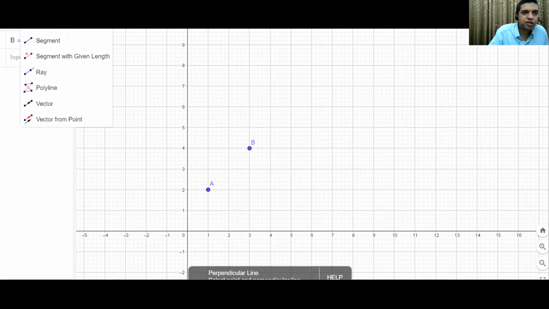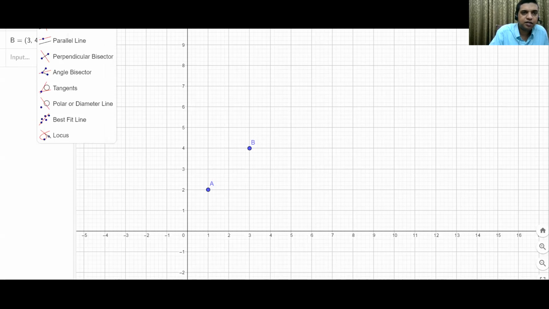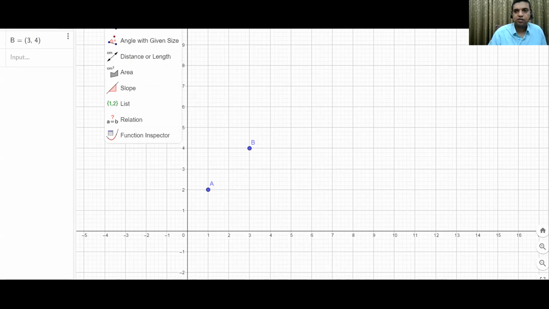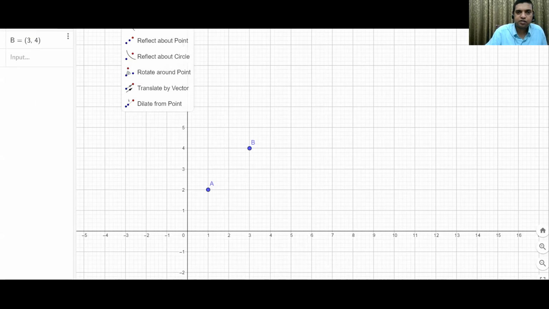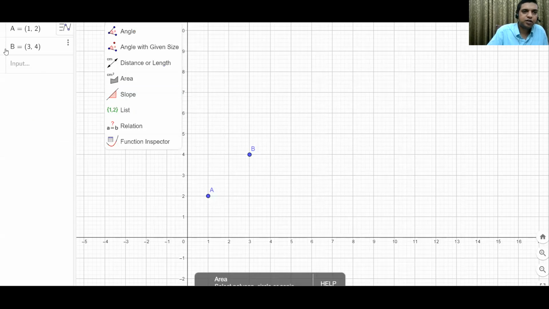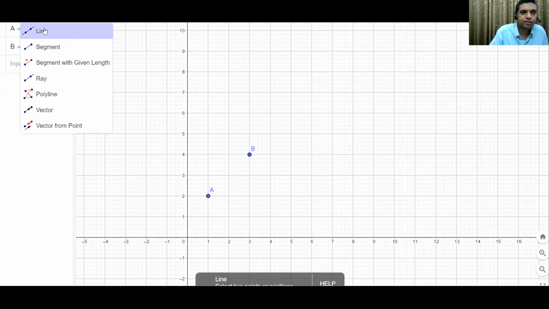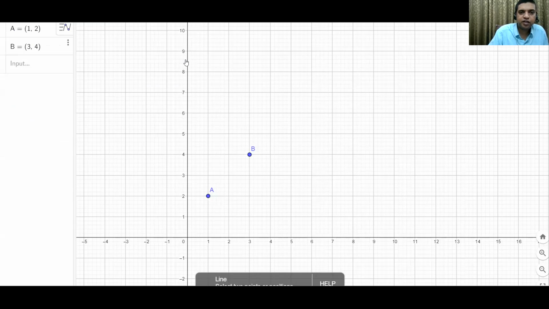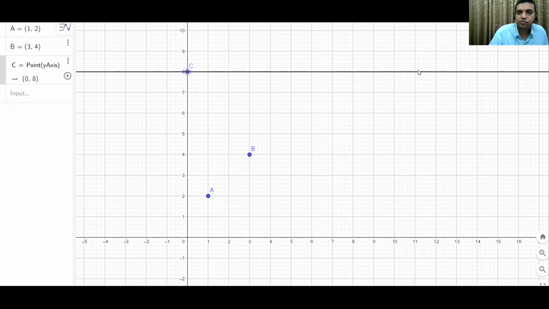And let us draw a line. I'm just not able to see this. Just a second. All right. So I'm drawing a line. The line is parallel to the x-axis at a distance of 8. This is the line.